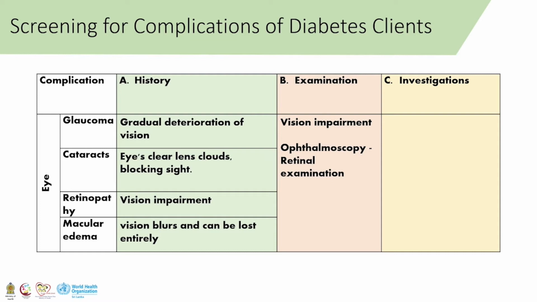In case of retinopathy, they will complain of vision impairment, and in macular edema, they will complain of blurred vision, which can eventually be lost entirely. In the examination, we focus on any vision impairment and perform an ophthalmoscopy examination, including a retinal examination.